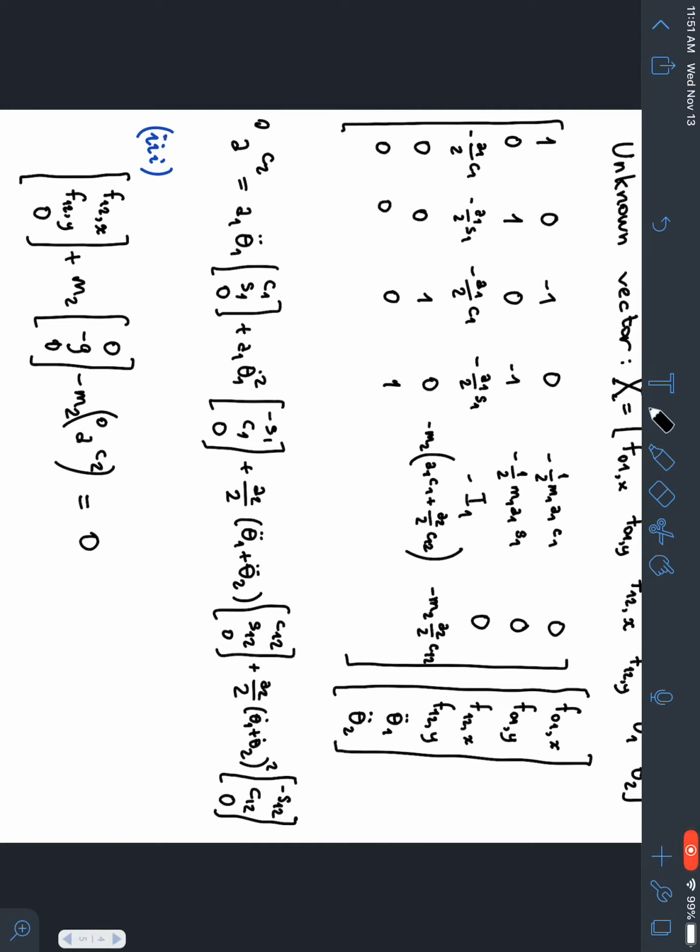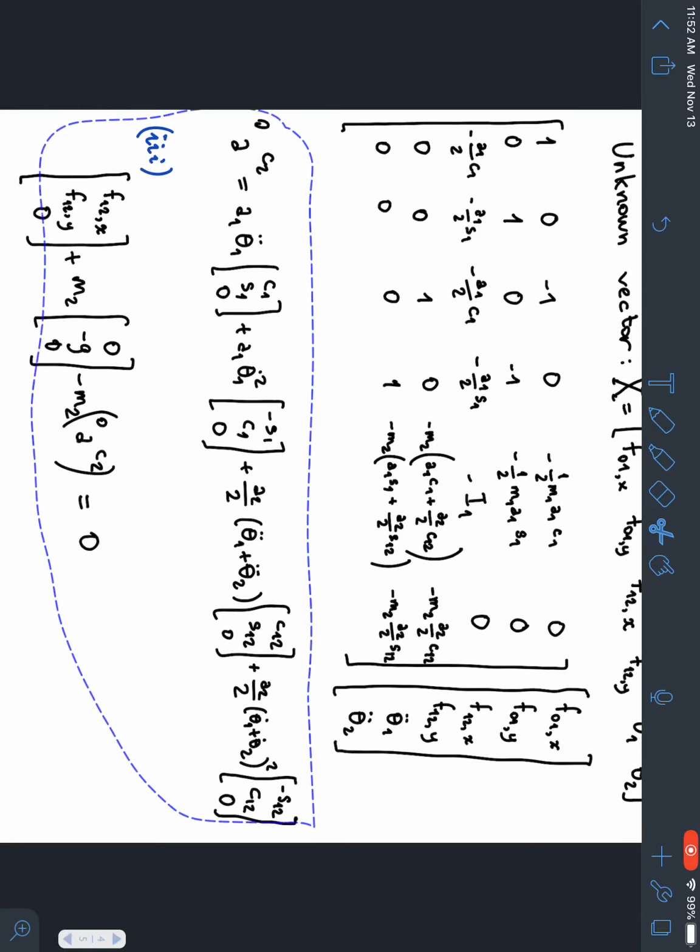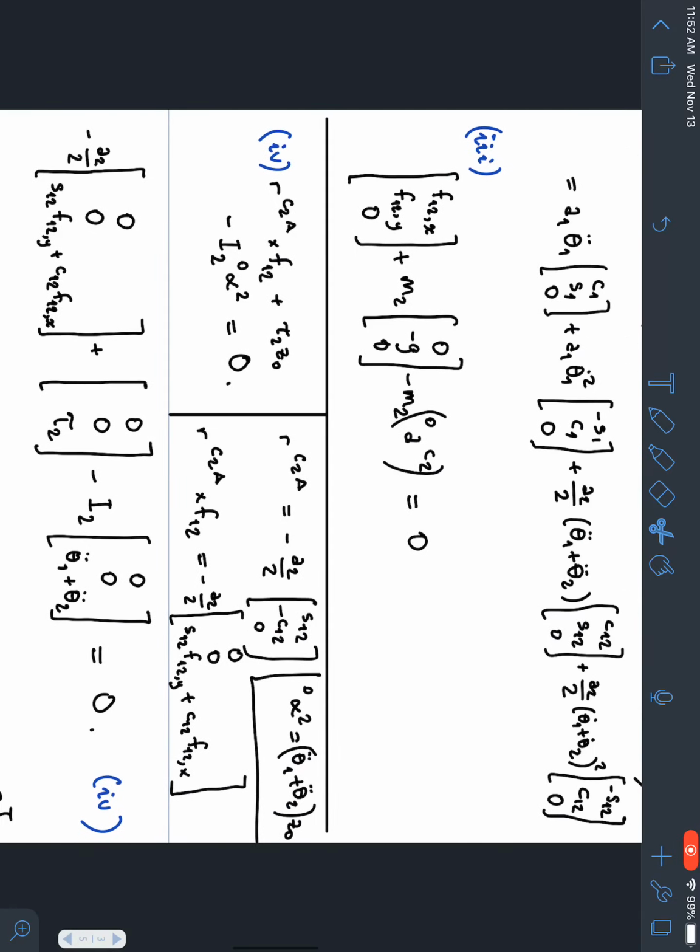It looks like it is equal to minus m2 times a1 sine of theta 1 plus a2 over 2 sine of theta 1 plus theta 2, and the coefficient of theta 2 double dot comes from this term, and it looks like that is minus m2 a2 over 2 sine of theta 1 plus theta 2. Okay, so we're done with this equation, modulo the known part, so we'll have to come back to get the known part out.